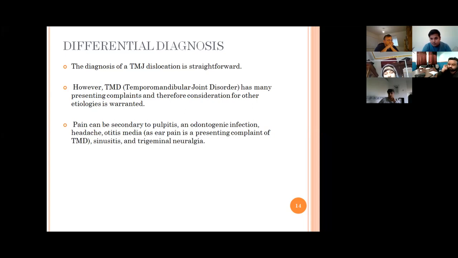However, temporomandibular joint disorders have many presenting complaints, and therefore consideration for other etiologies is also warranted. Sometimes pain can be secondary to pulpitis or odontogenic infections, headache, otitis media, sinusitis, and trigeminal neuralgia as well.